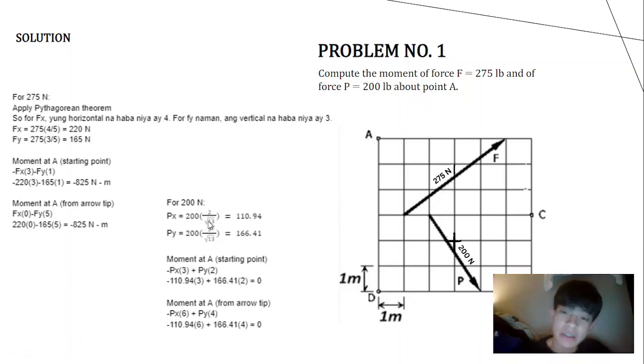So, mangyayari dyan, magiging 110.94 siya, tapos sa Py naman magiging 166.41. So, moment tayo sa A, ito yung starting point.